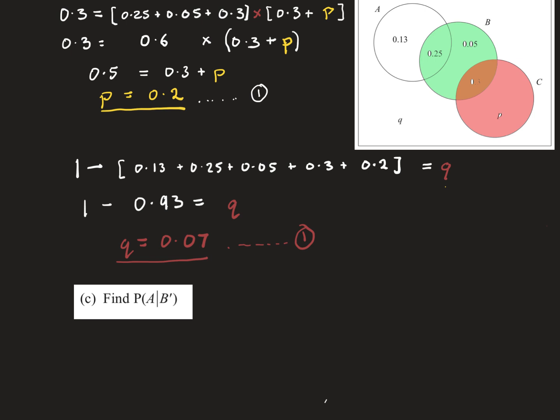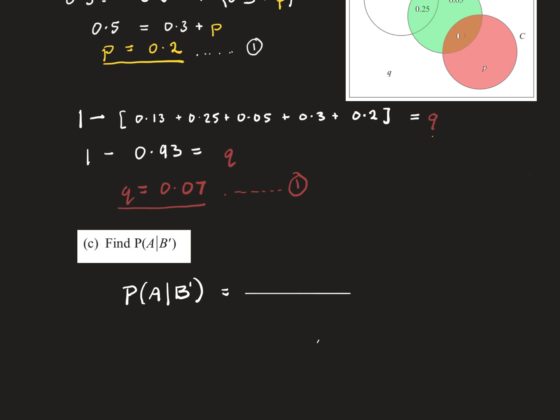All right? This is a conditional probability. It's the probability that event A will occur if event B complement has already occurred. Now, B complement means anything but B. If B complement has already occurred, then that will be our sample space here.